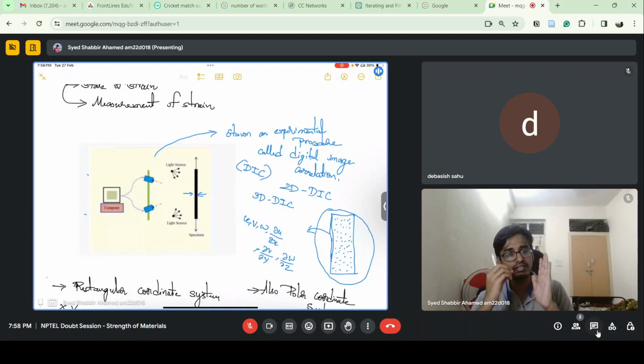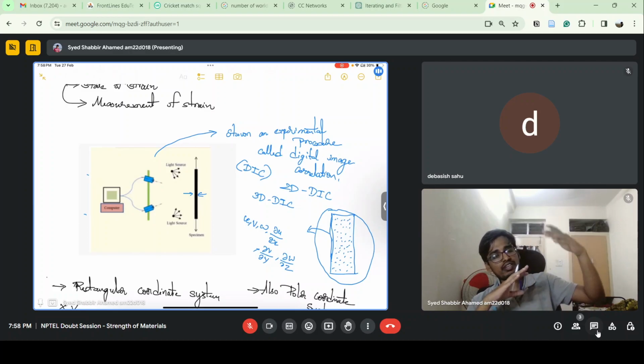In this, the specimen is coated with speckles, like a white paint with black dots seen on it. Initially you take an image of the specimen. As you apply the load, due to the deformation of the specimen, the distances between the speckles change, and during the course of the experiment, as you increase the load, you continuously take images.